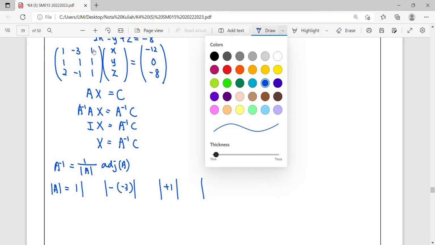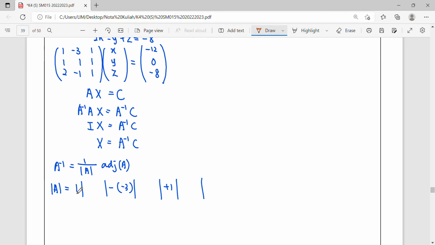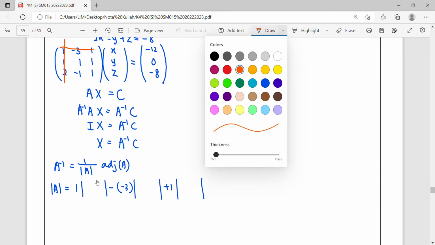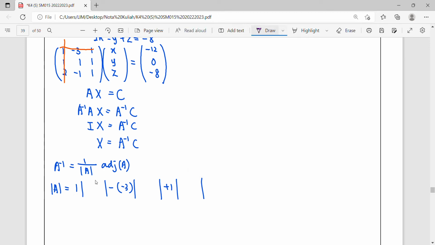Then we're going to perform minor 1, 1. Minor 1, 1 means eliminate the first row and first column. So here we will have 1, 1, -1, 1. In order to perform minor 1, 2 and minor 1, 3, we can carry on in an alternative way where we can copy and paste.